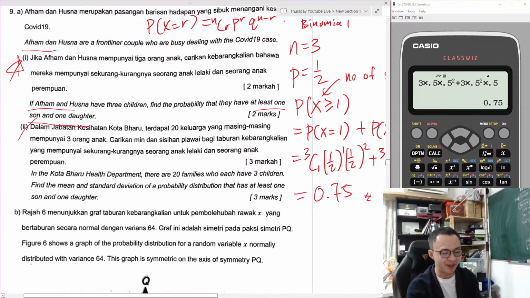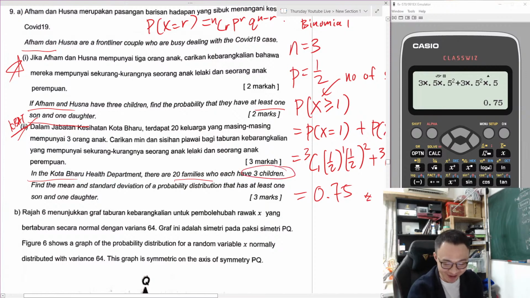Alright, then for part B, this one is also tricky, because it is very similar to the A-level question I taught recently. You see, they say in the Kota Baru Health Department, there are 20 families who each have 3 children. Find the mean and standard deviation of the probability distribution that has at least one son and one daughter. Do you find this question familiar?